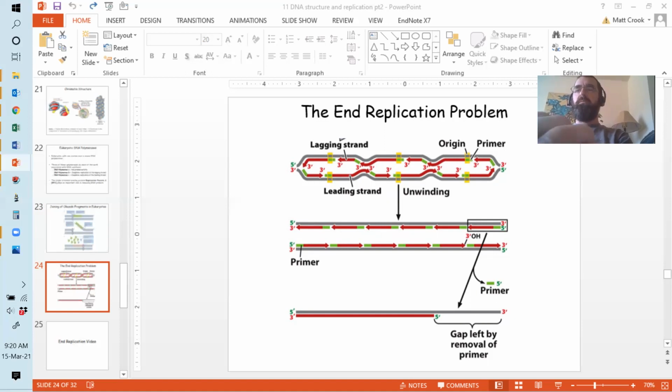And these are called the telomeres, or telomeres, like mirrors in American, but mirrors. Anyway, these essentially are highly repetitive DNA.